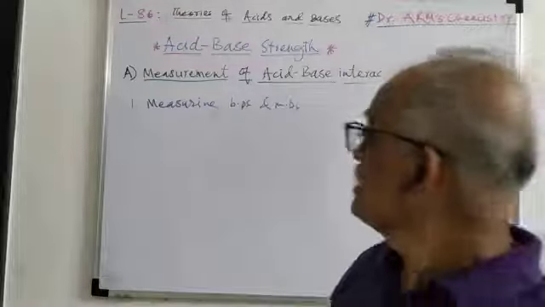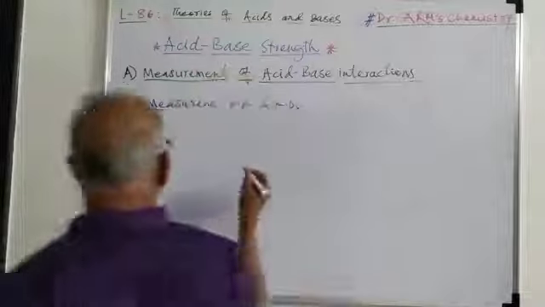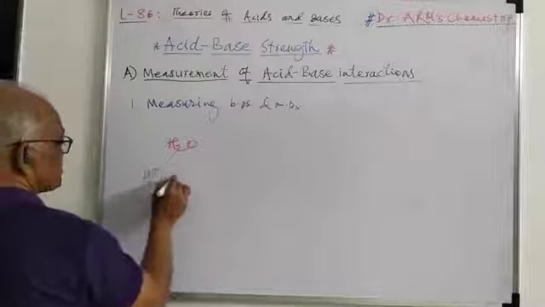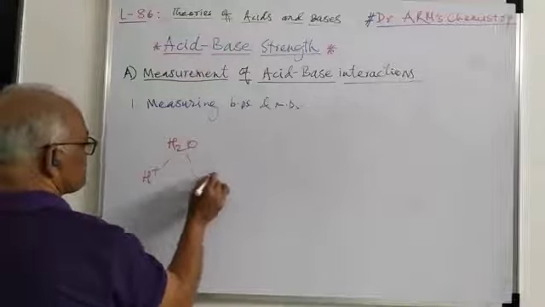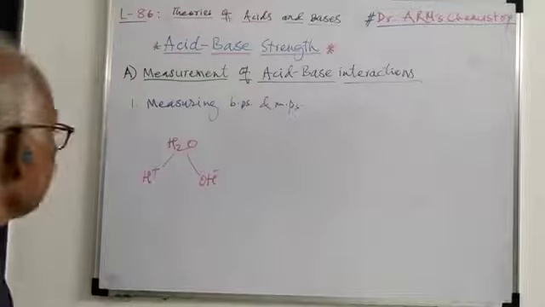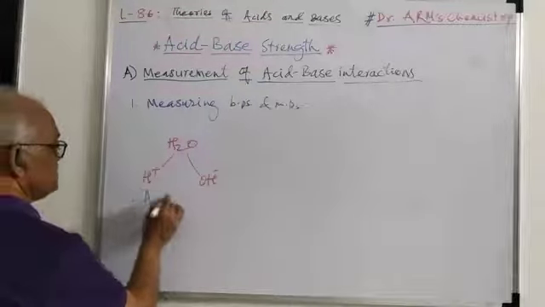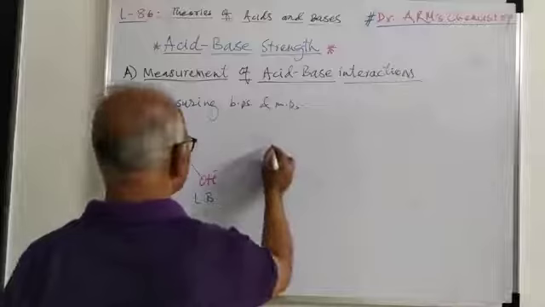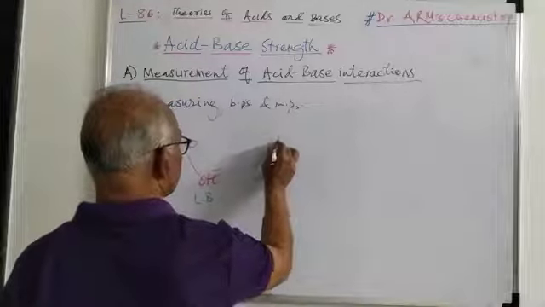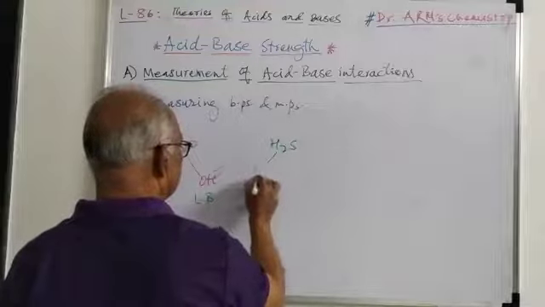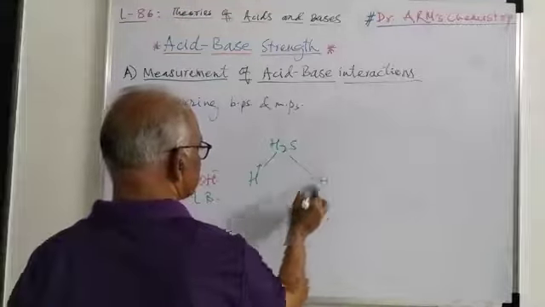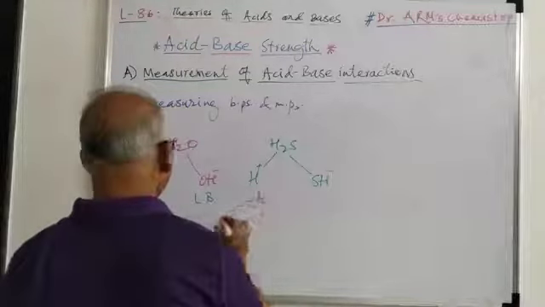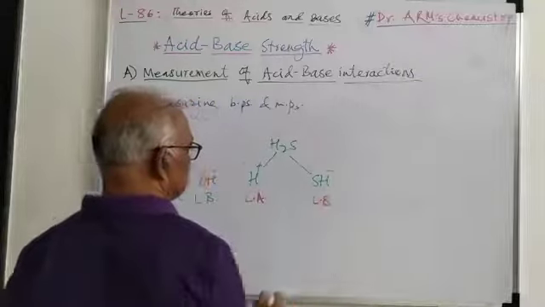For example, consider water. It is obtained from the reaction between H+ and OH-. Here H+ is a Lewis acid and OH- is a Lewis base. Then we can have similar examples, such as H2S, where we have H+ and SH-. Here also we have a Lewis acid and a Lewis base.